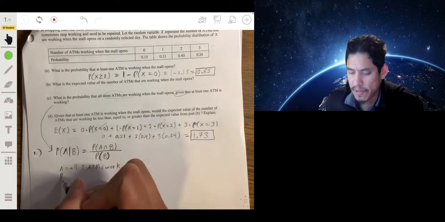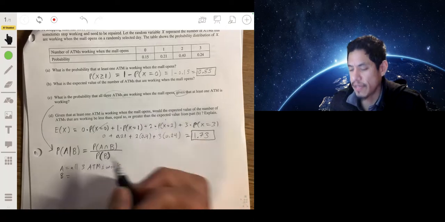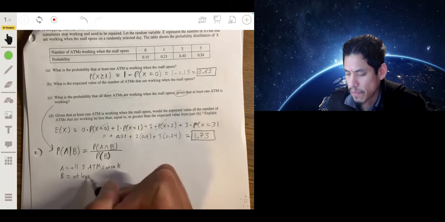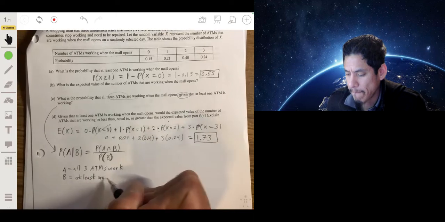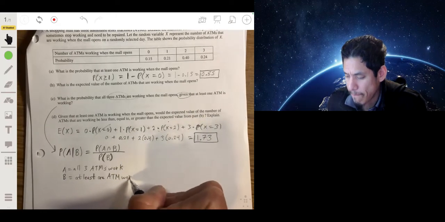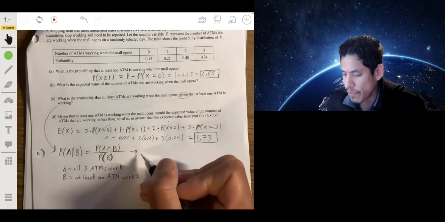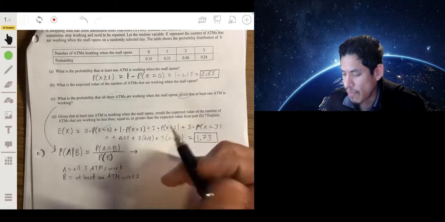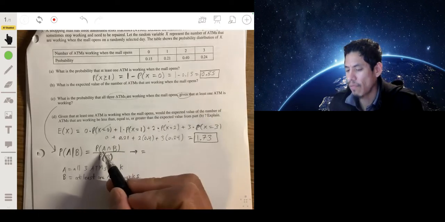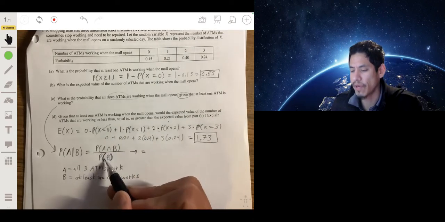And we'll have B be what we're given, that at least one ATM works. So the probability of A given B will be equal to the probability of A and B over the probability of B.